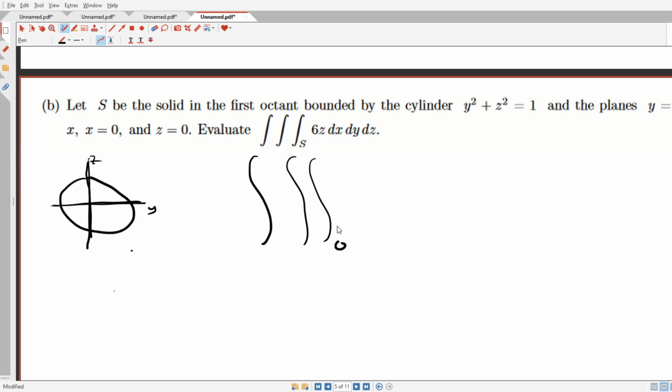It goes from 0 up to y, because we have x equals y, 6z dx. That's the part that I can't see. Now I can do the part that I can look at. We're going from the line z equals 0 up to z equals 1 minus y squared.